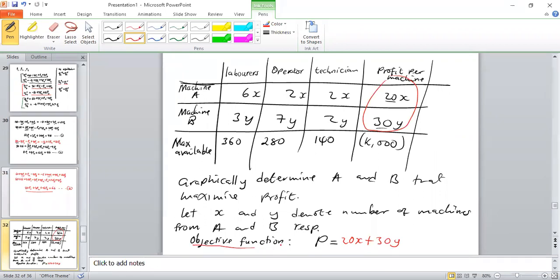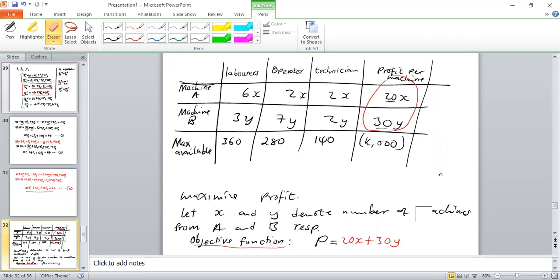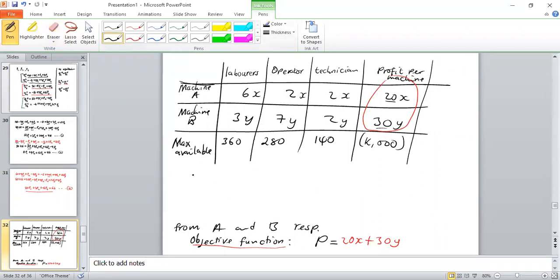Now we are going to come up with the constraints. So we need to create space for the constraints. This objective function is subject to the constraints.